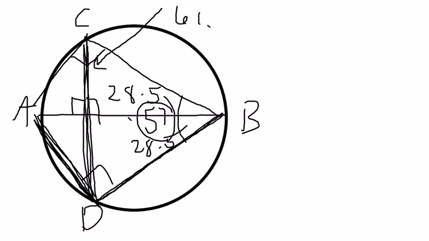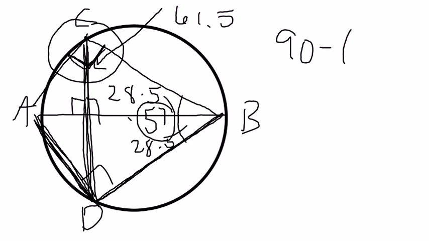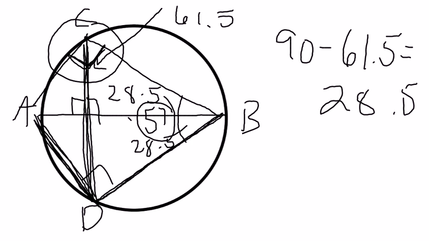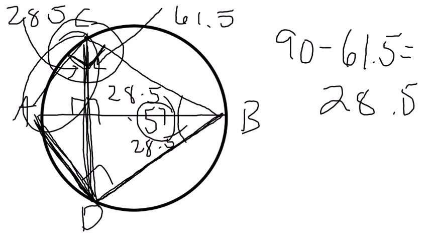And then, since these two angles here are complementary, they form right angles, then you can find it by subtracting from 90, which will give you 28.5 here. And since this is another right triangle, you have 90, 28.5, and that angle is going to be 61.5, which is your answer.